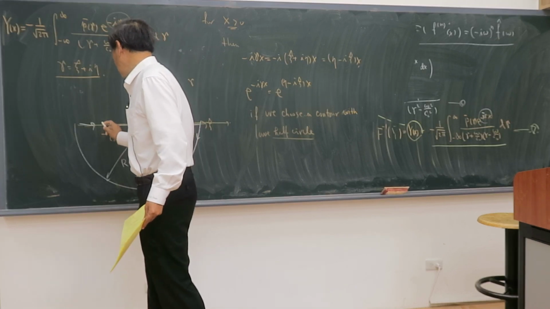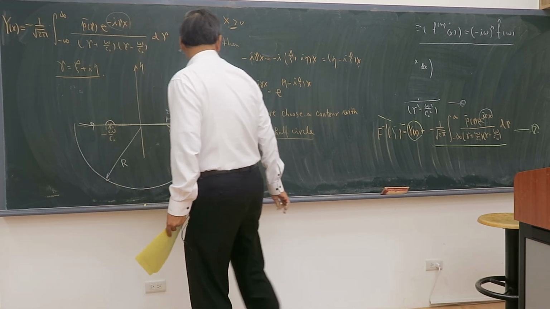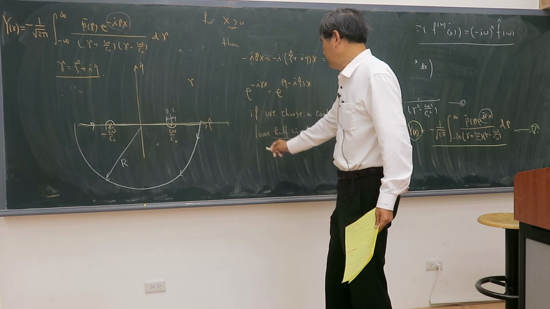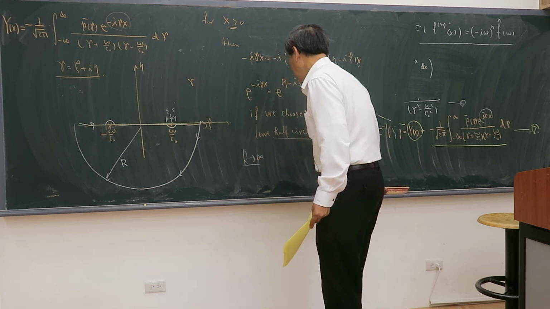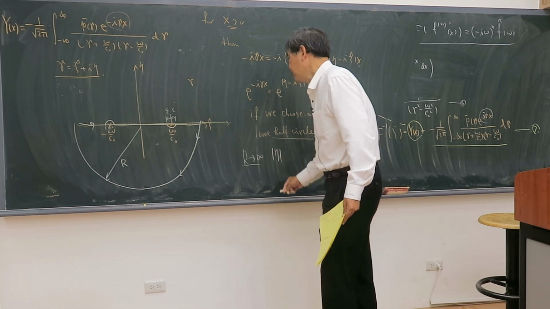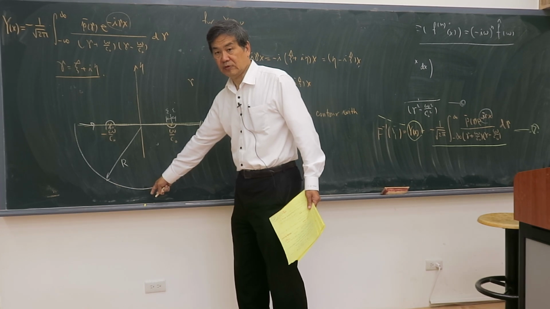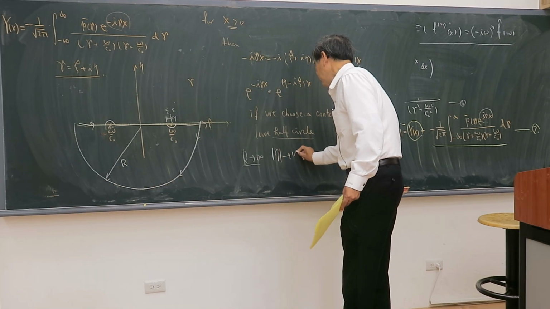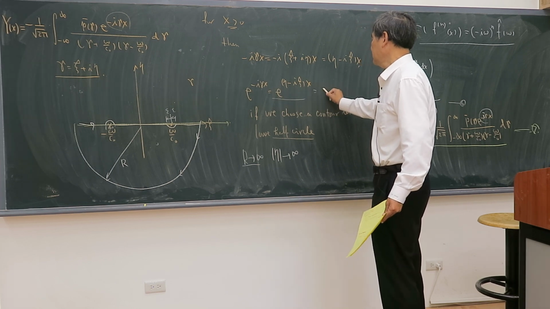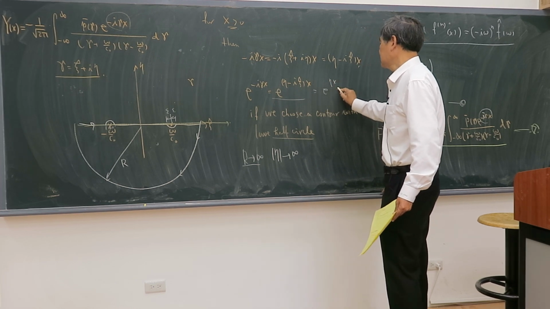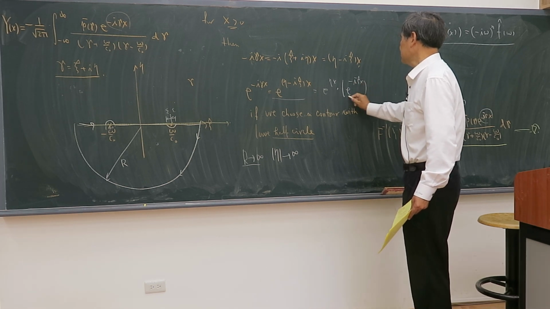Okay, this is our contour. So if R approaches infinity, that means the eta value is approaching infinity. So in this term, this will be e to the eta x times exponential minus i xi x. So this is bounded, right?